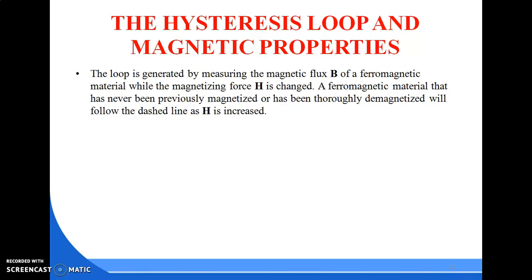The loop is generated by measuring the magnetic flux B of a ferromagnetic material while changing the magnetizing force H. A ferromagnetic material that has never been previously magnetized or has been totally demagnetized will follow the dashed line as H is increased.